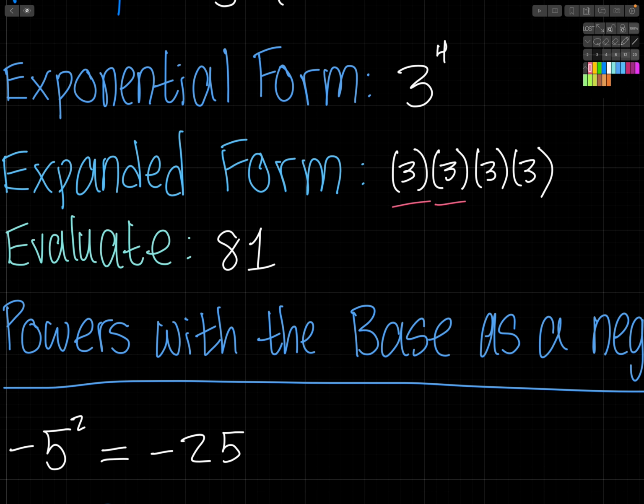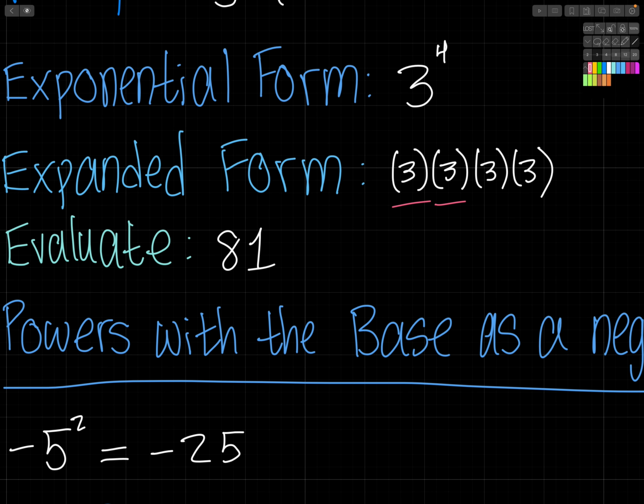Whatever 5 to the power of 2 is, we multiply that by negative 1. So we first do 5 to the power of 2, which is 25, and then we multiply it by negative 1, which gives us negative 25.